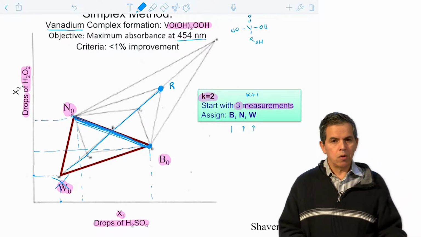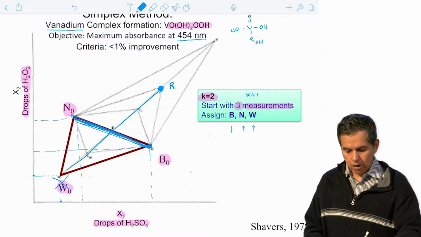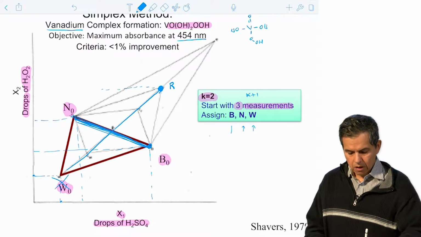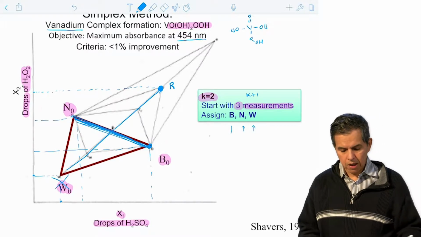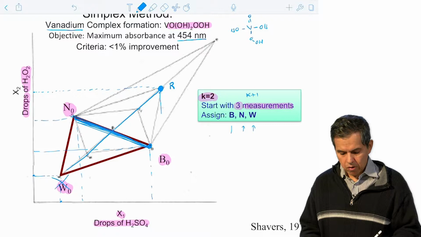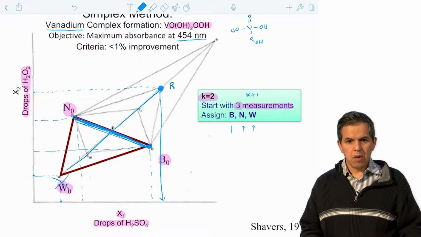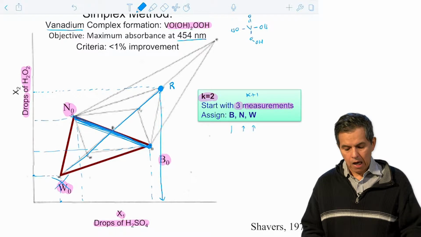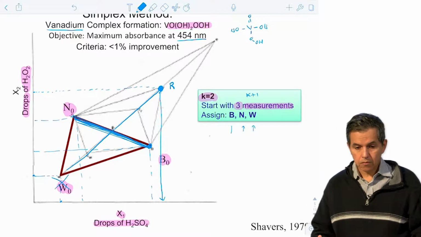And if we were going to measure that particular condition, we would have a new number of drops of hydrogen peroxide and a new number of drops of sulfuric acid. So the idea is that based on this prediction, we can now take a measurement and determine if the absorbance is better or has not improved as much.